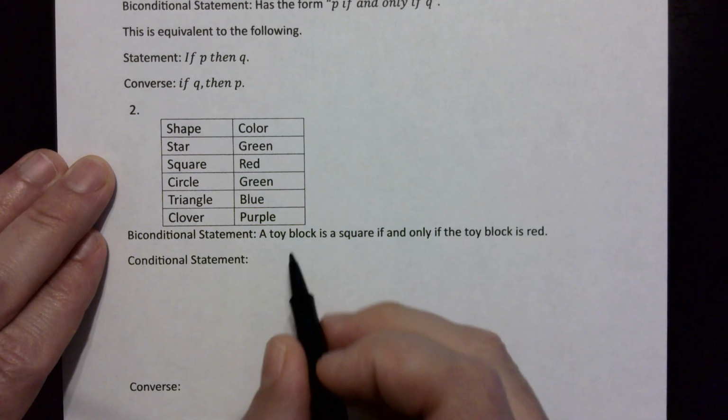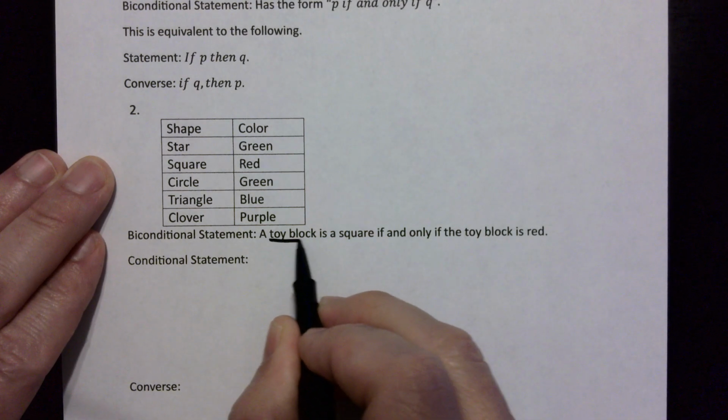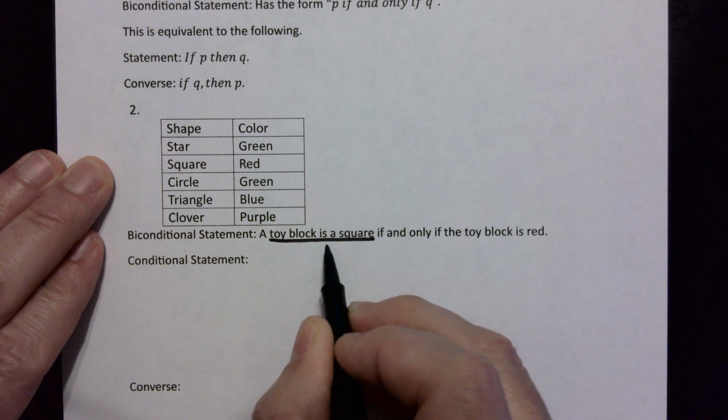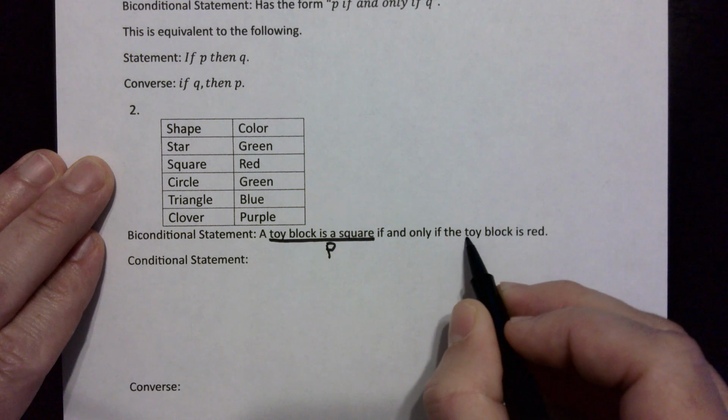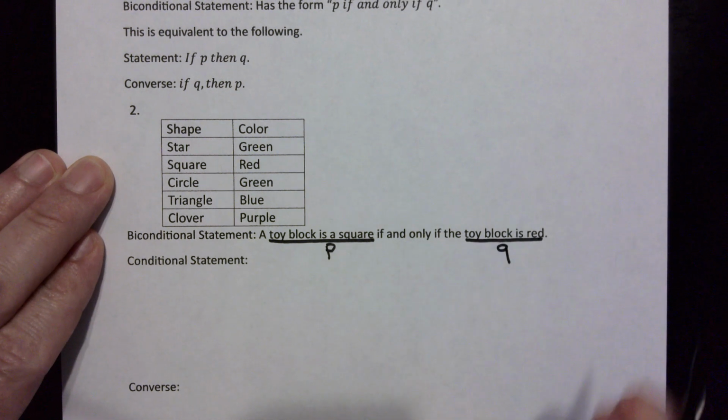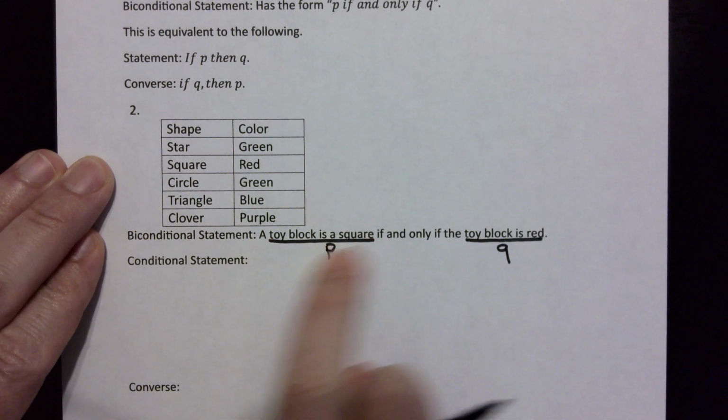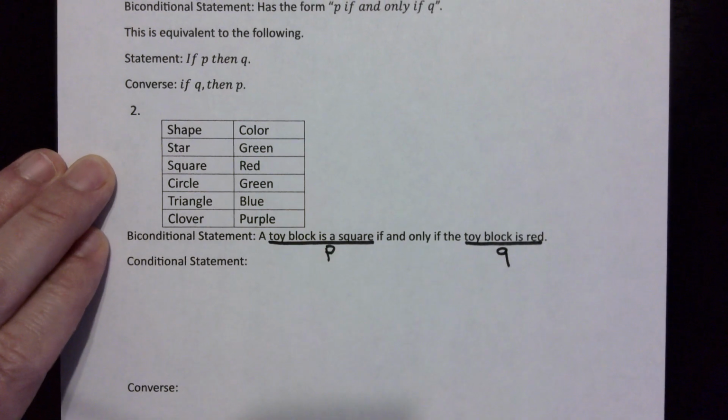So P is a toy block is square, and Q is the toy block is red.